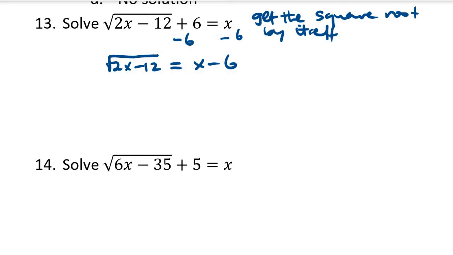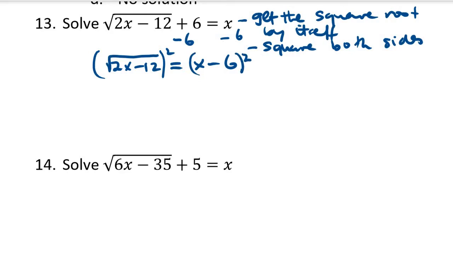The next thing is to square both sides. So second step is to square both sides, like this. And then the left side, the square is going to make the square root go away. The square is the opposite of square root.